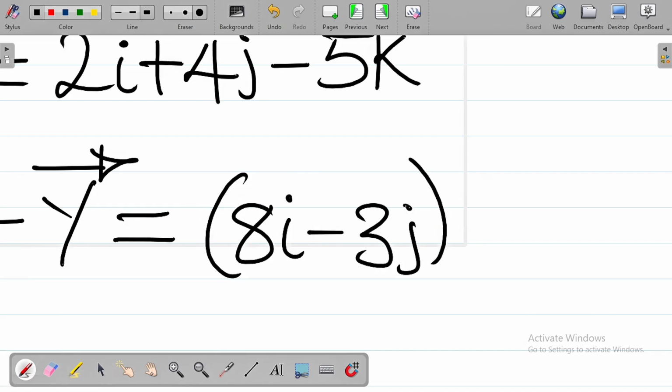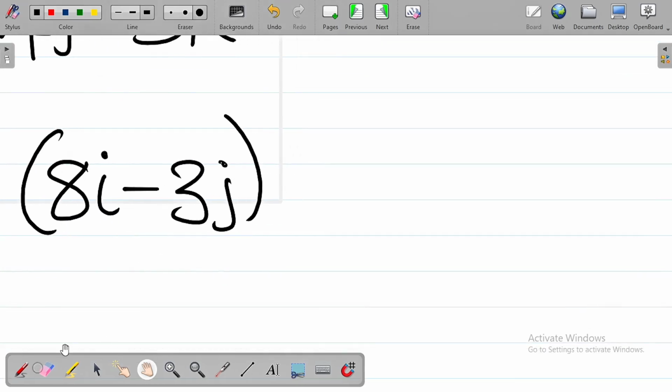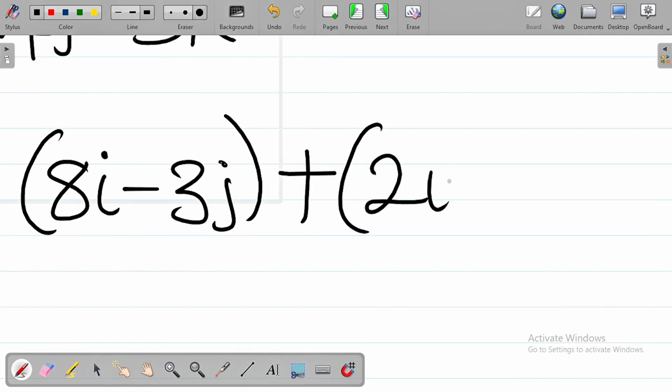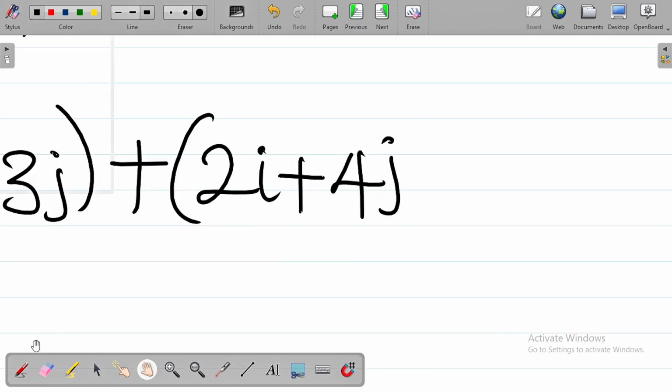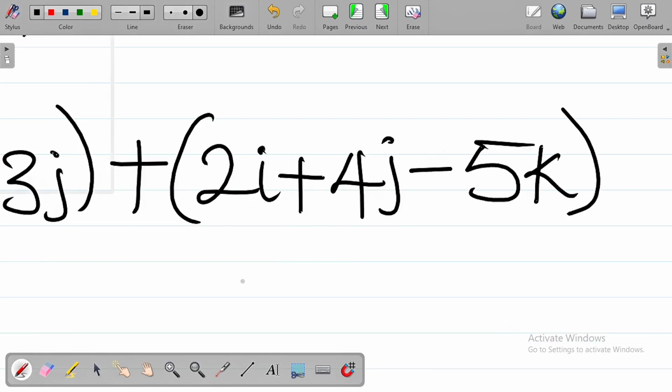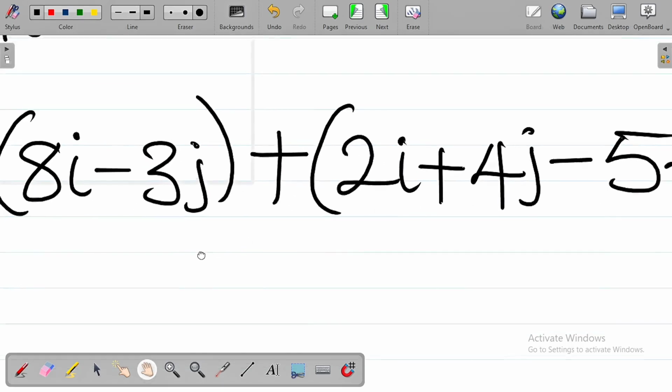You can see that there is no k for vector x. And then plus, what's vector y? Vector y is 2i plus 4j minus 5k. This is vector y.